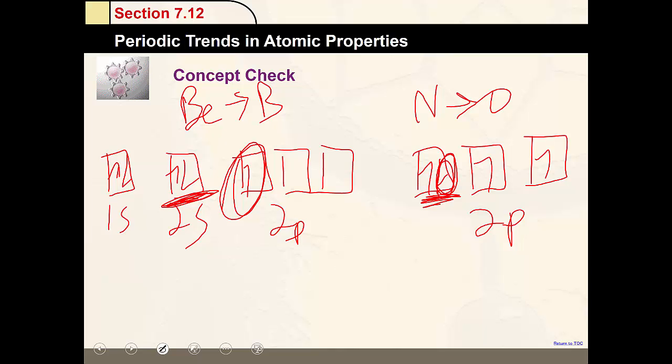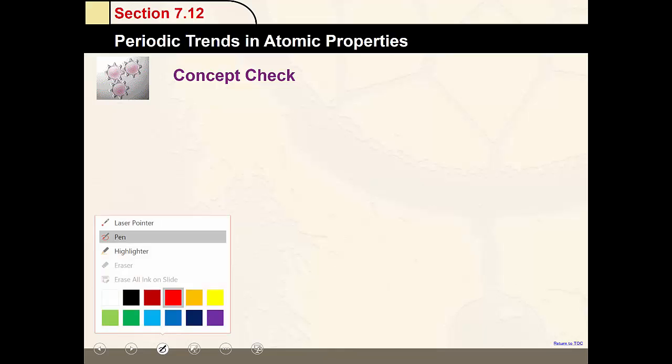Beryllium to boron. Boron, the first electron in the 2p sublevel, is easier removed because the electrons in the 2s sublevel shield that from the nucleus, whereas this one, the doubly occupied orbital, when we remove that electron, we're getting rid of those close electron-electron repulsions.